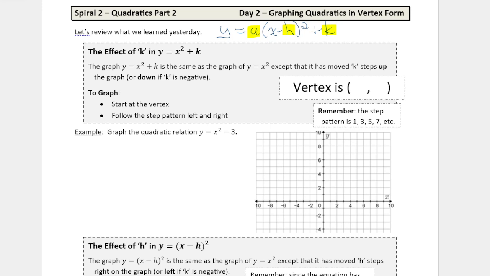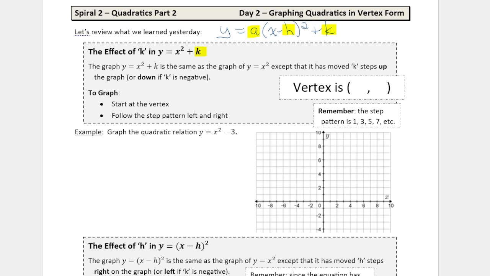So how do they work? First let's focus on the parameter k, the one at the very end. It's outside of the squared. You have x squared all by itself and then k on the outside. And this is what we call a vertical translation. All this does is move the graph up by a value of k. Or if k is negative, it'll move it down instead.